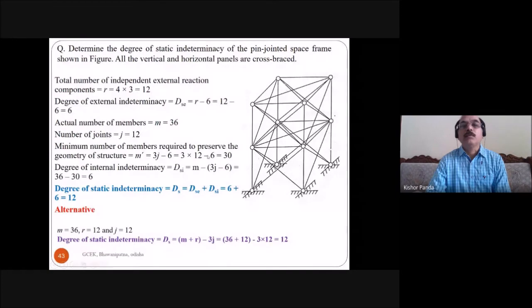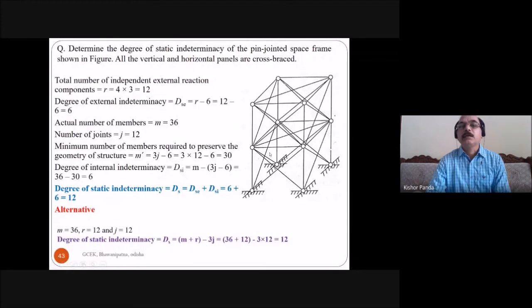Here you see this is 1, 2. First count the vertical members. 1, 2, 3, 4, 5, 6, 7, 8. Then count the horizontal. 9, 10, 11, 12, 13, 14, 15, 16.